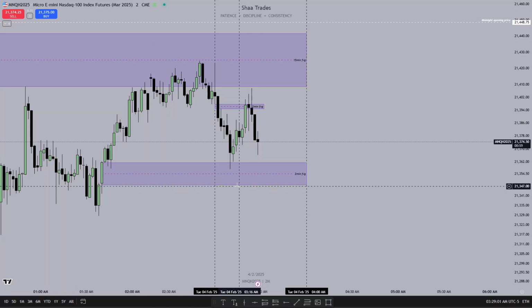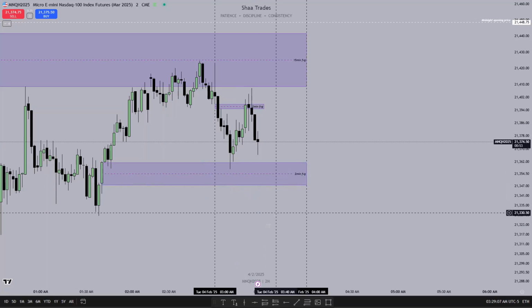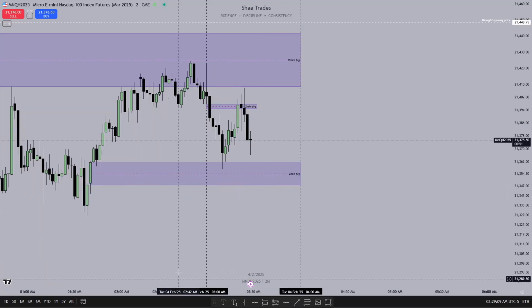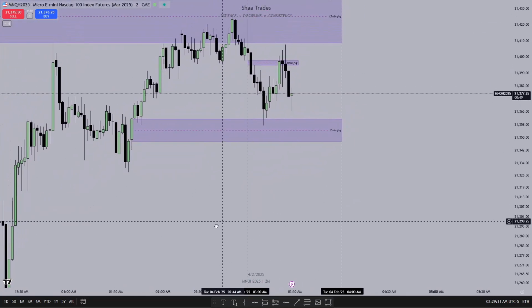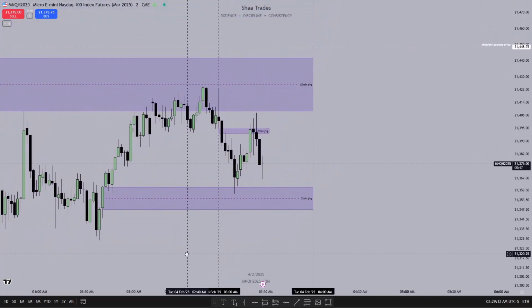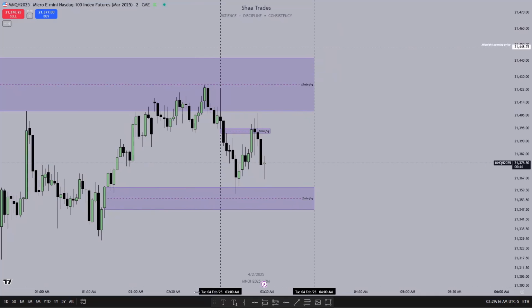That's just for this 2-minute fair value gap I like. If price just breaks this here, I like this to take a little short setup, going short there, but nothing as yet. Let's just see what price wants to do, and when it does something, we will come back. All right.